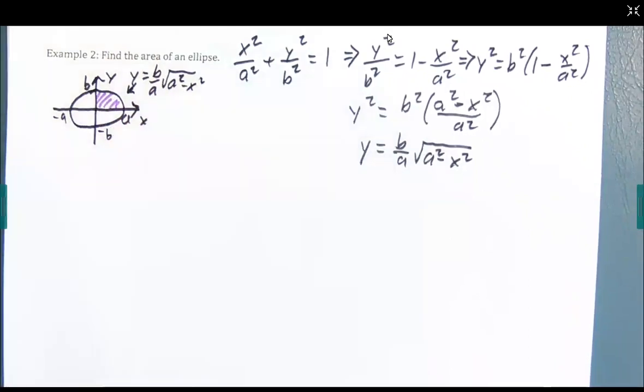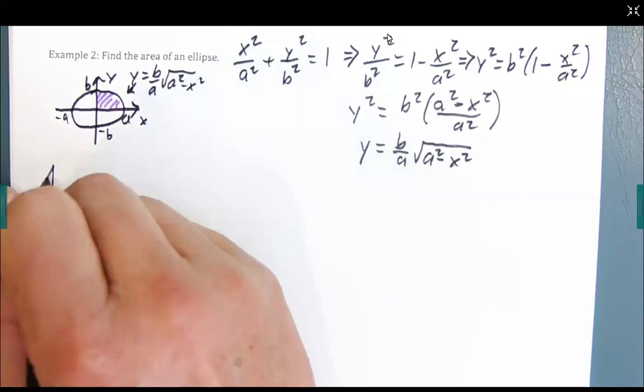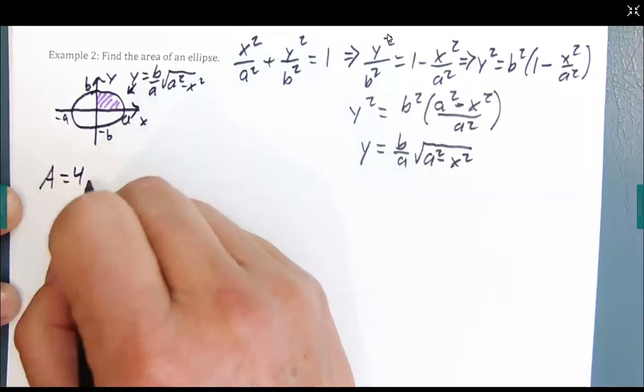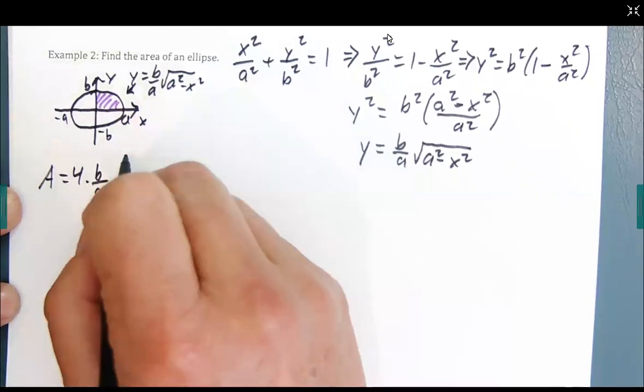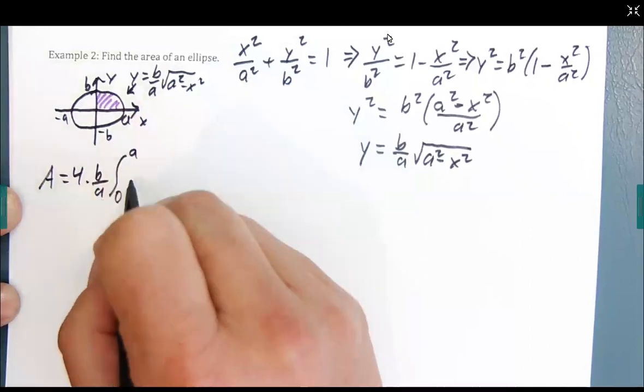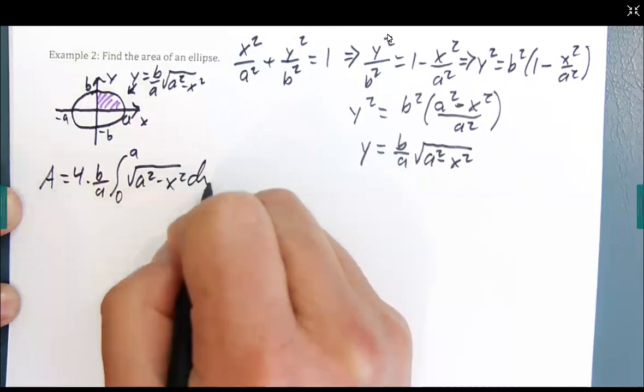So to find the area, I'm going to go 4 times, and pull the b over a out because they're constants. The integral from 0 to a of the square root of a squared minus x squared dx.